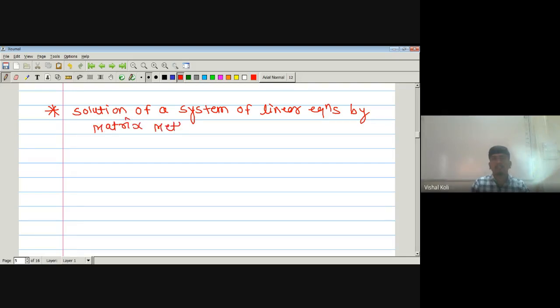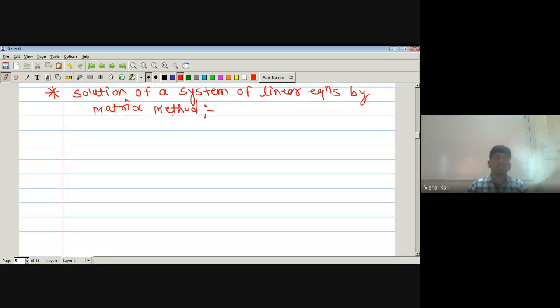Here we have to see the method to find a solution of a given system of linear equations. Linear equations are of the type ax plus by equal to c. If we have two or more linear equations and we have to find its solution, then we can use the matrix method.